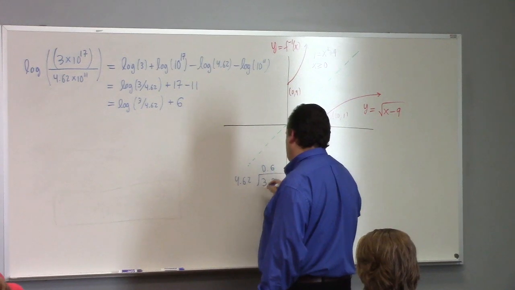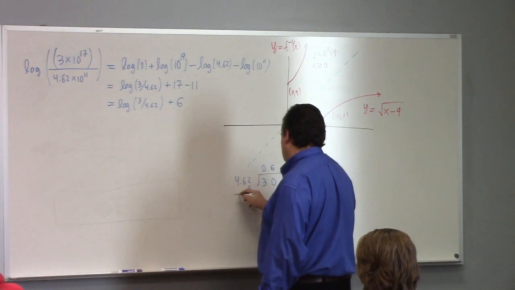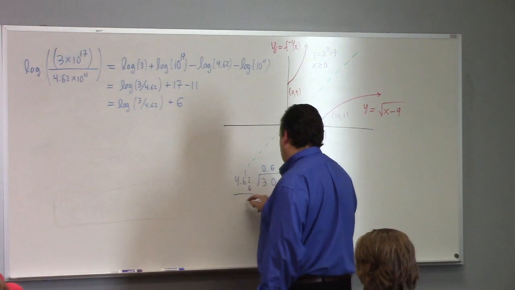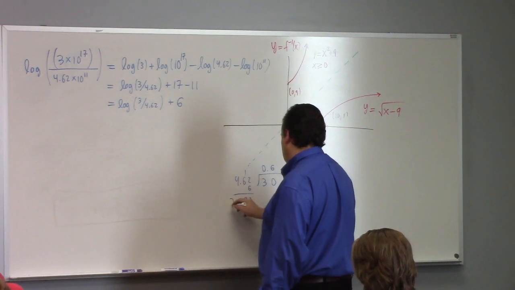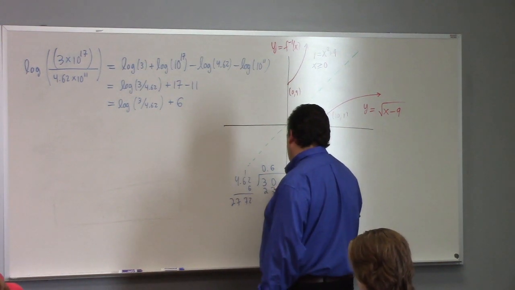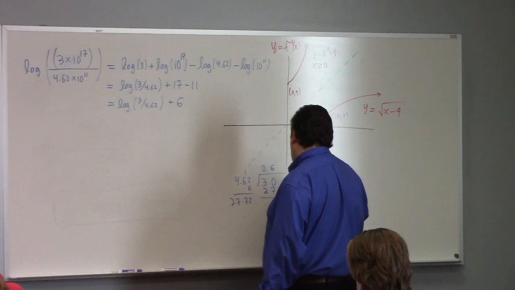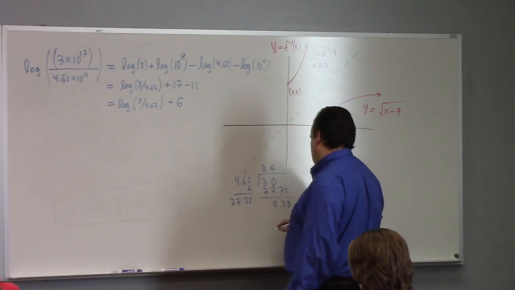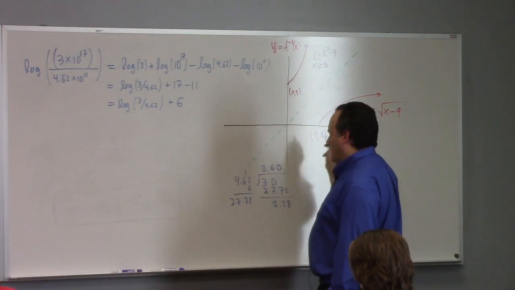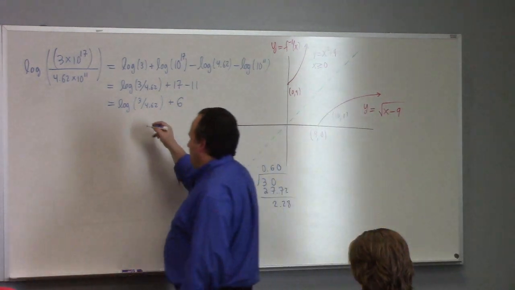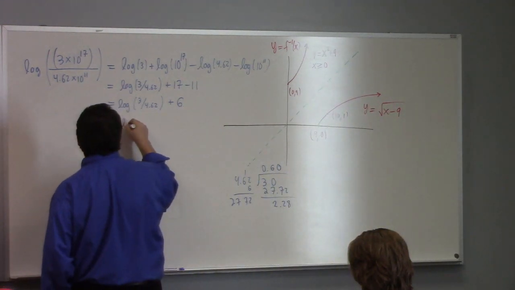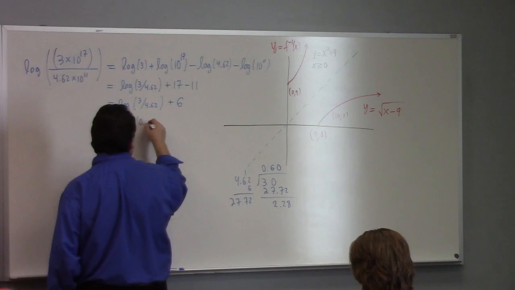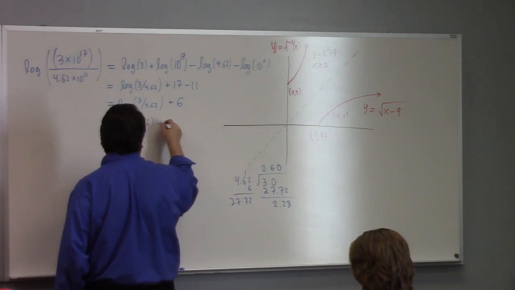So what's 6 times that? 3, 2.28, and so forth. All right, so essentially this is approximately the log of 0.6 plus 6.